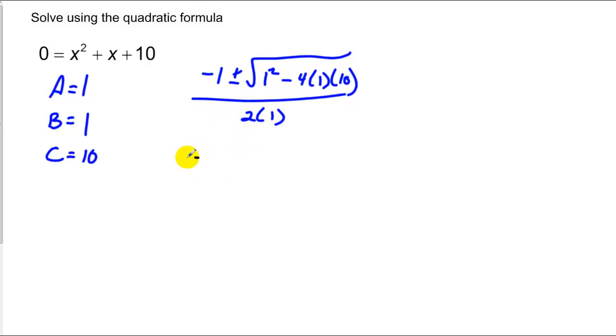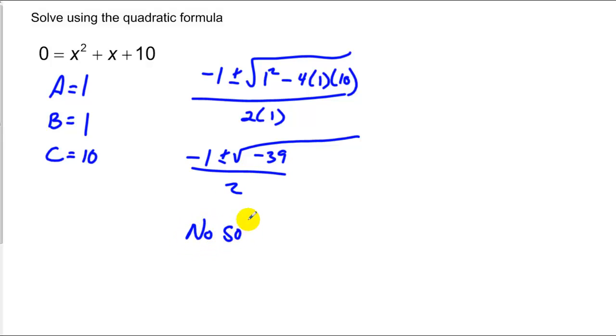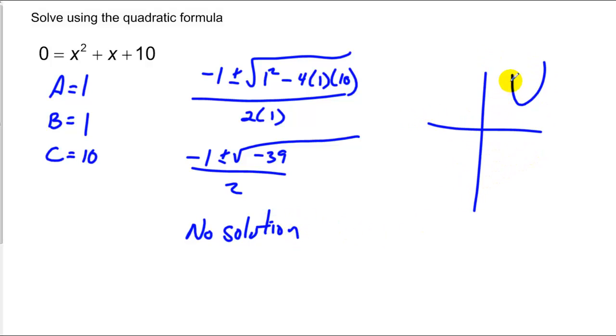Now you'll notice in this case we end up with a negative square root. What this tells us is that since no number multiplied by itself is a negative number, there is no solution. So most likely, if we were to graph this parabola, it would look something like this. No x-intercepts.